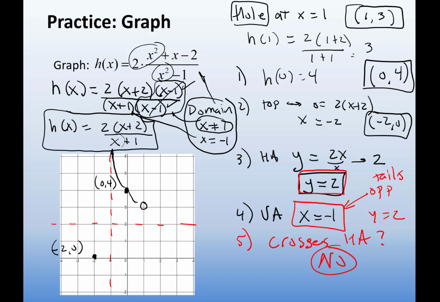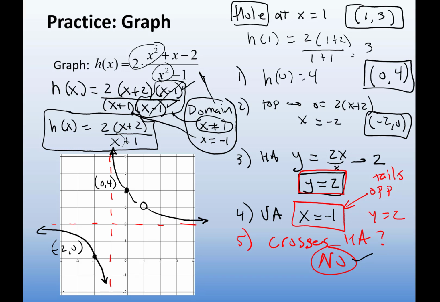I'm going to come down to this hole here, and it doesn't cross, so it's just going to skim across that horizontal asymptote. Likewise, this one. Now this tail is up, so this tail has to be opposite. It's got to go down. And I've got this 0 to hit. Now I know it doesn't cross. I just proved that over here. So when I come on this asymptote, I'm going to have to graph like that.